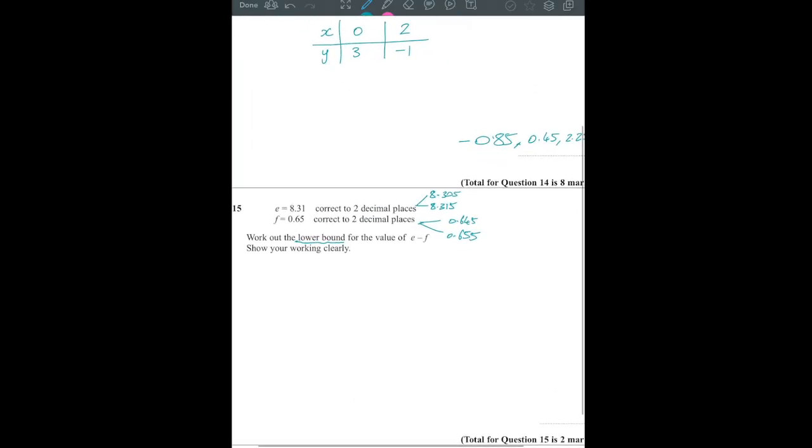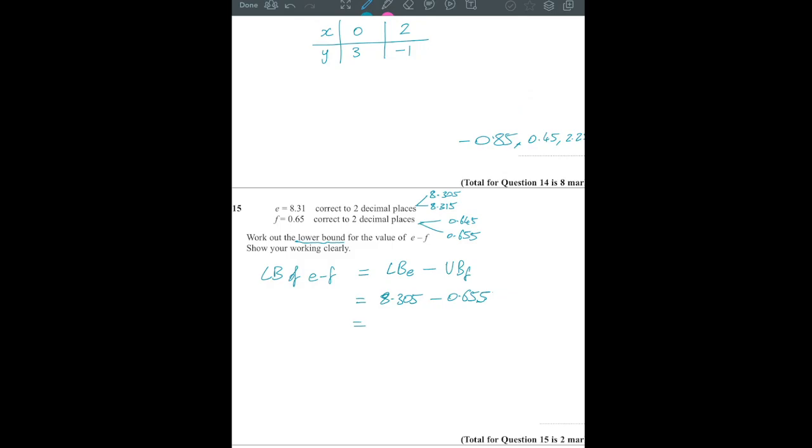Depends on this question, maybe it doesn't. But here we want the lower bound of E minus F. But if I want to make this small, I want to use the lower bound of E, but I want to subtract off the upper bound of F. If I want to make that really small, I take the small thing, 8.305, and subtract off the big thing.